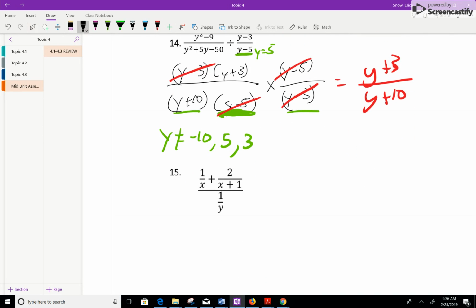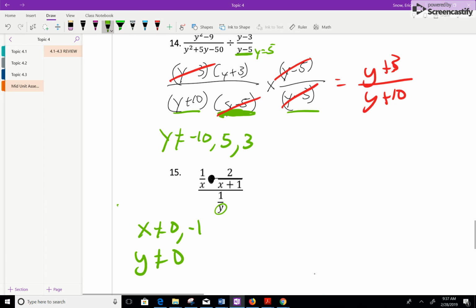Okay, finally, this was supposed to be multiplication. This is a typo. So if we change that to multiplication, how are we going to handle this? Well, this is multiplication and division all together. So what we're going to do first is, again, I'm going to set our restrictions. So x cannot be 0, -1, and y can also not be 0 because it's down here in that denominator.